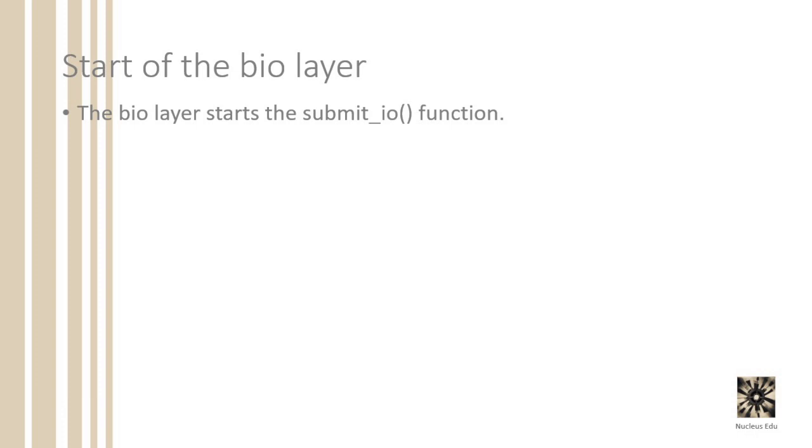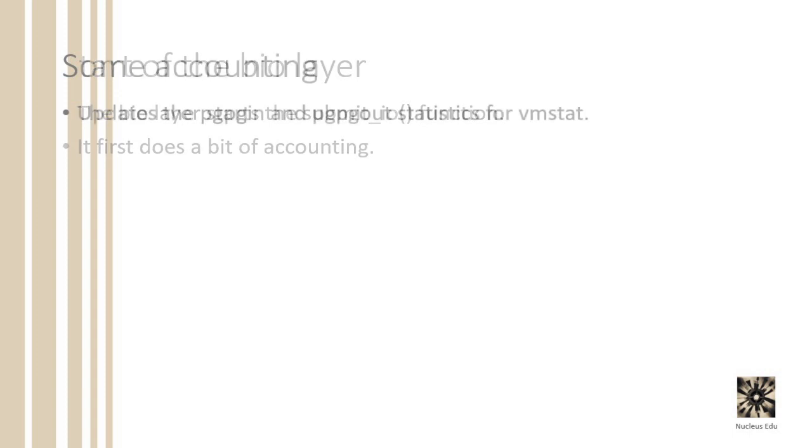So the bio layer starts with the submit_bio function, right? It's a simple function which does a bit of accounting first. Let's first look into that. It updates the PG in and PG out statistics for the virtual memory statistics type, and these are pages that are paged in and pages that are paged out.